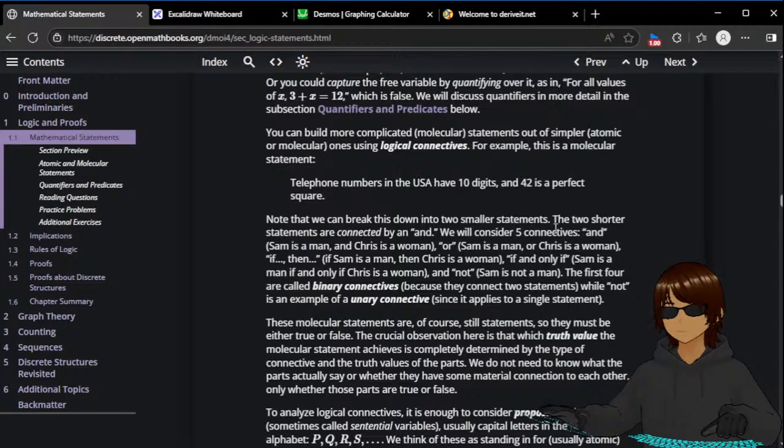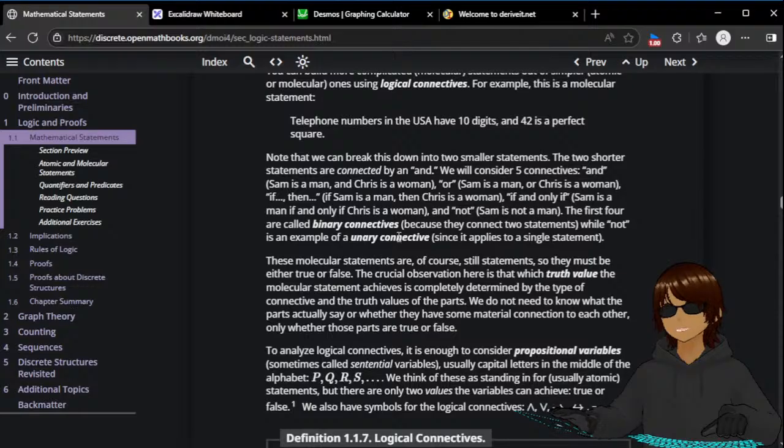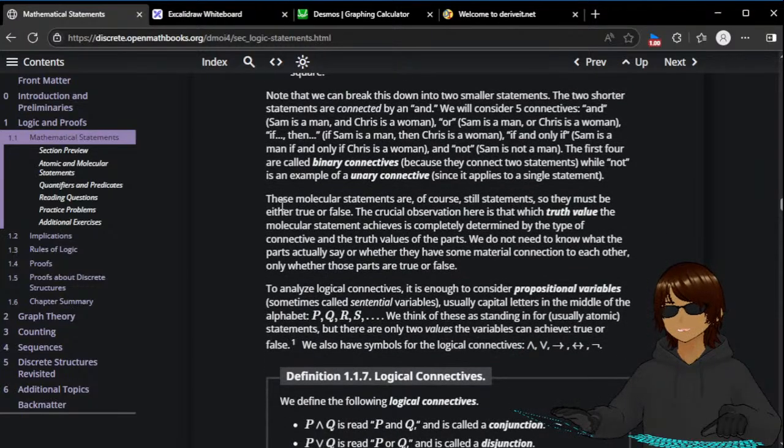We'll consider five connectives: and, or, if then, if and only if, and not. The first four are called binary because they connect two statements, while not is called a unary connective.